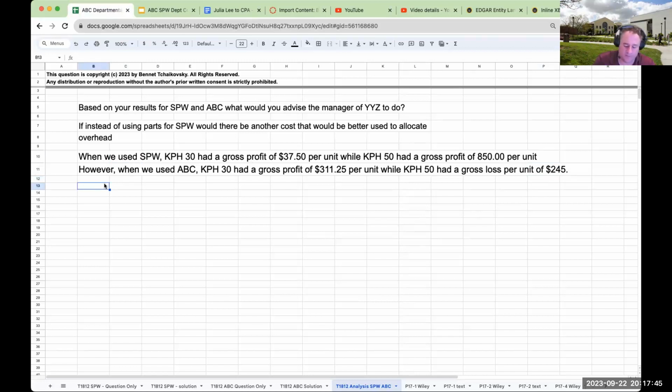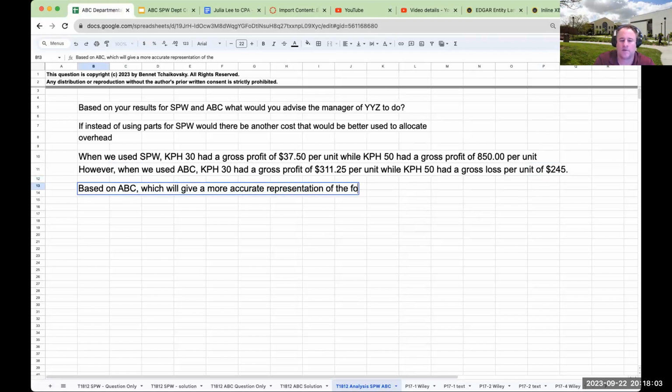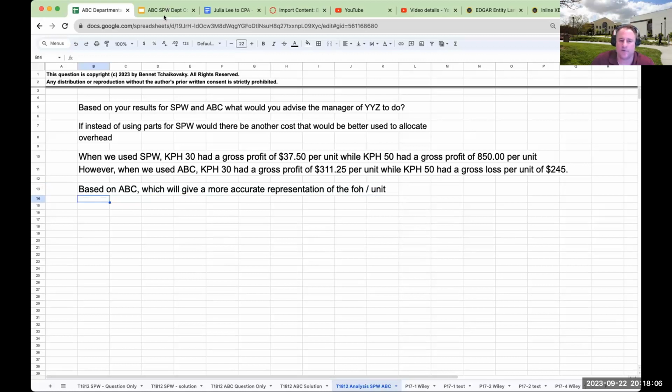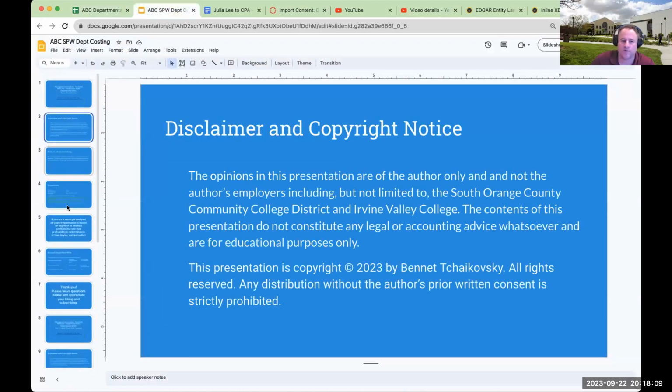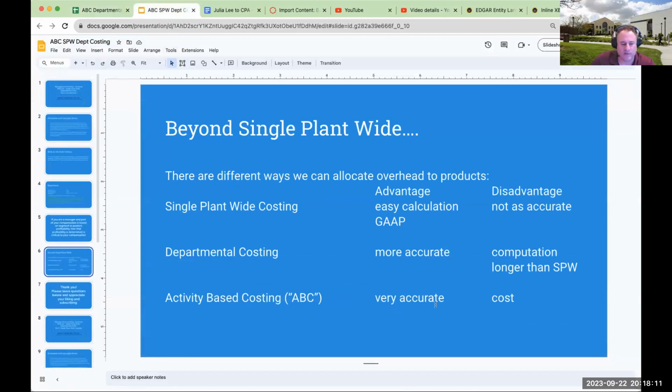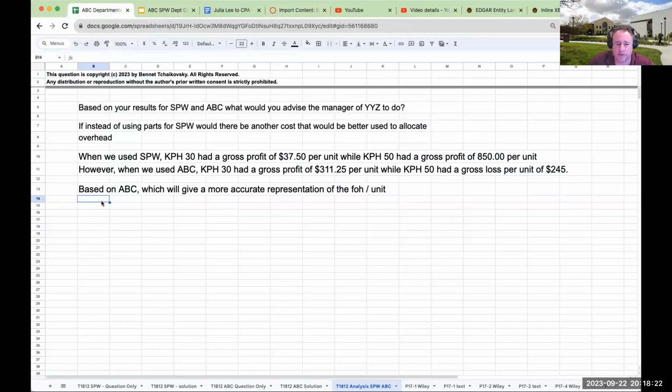So based on the activity-based costing, which will give a more accurate representation of the factory overhead per unit. Remember, going back to when we were doing the very first overhead slide, what's the advantage of activity-based costing? It's accurate, but it takes more money to figure out because we're going through all these different computations.